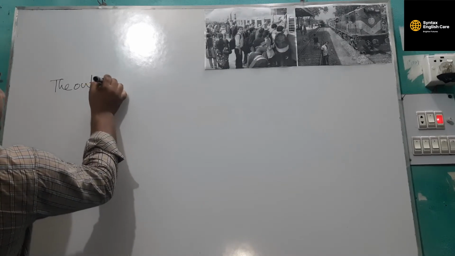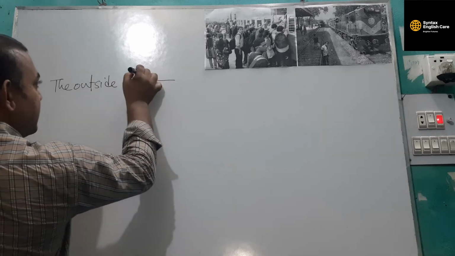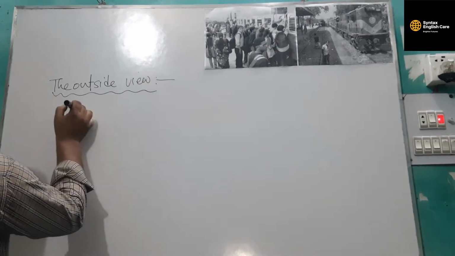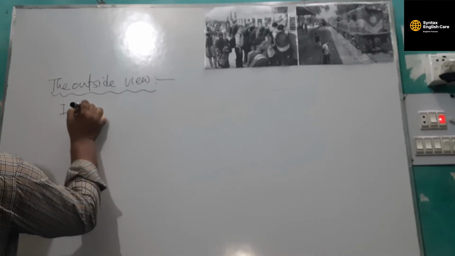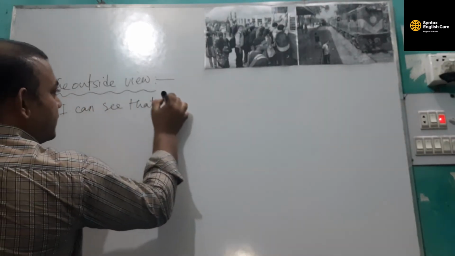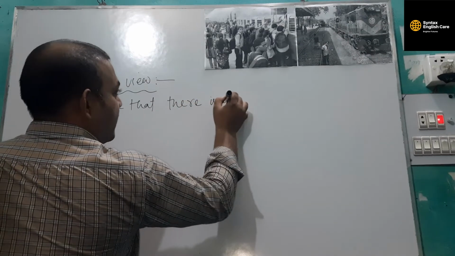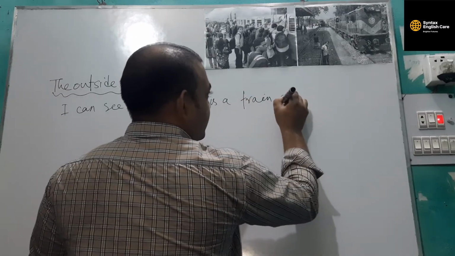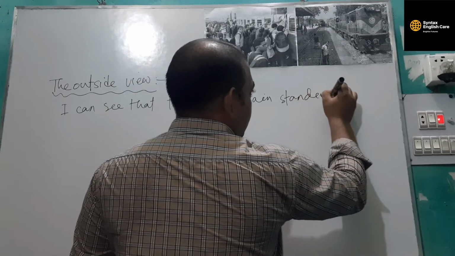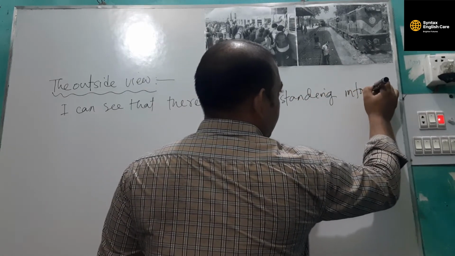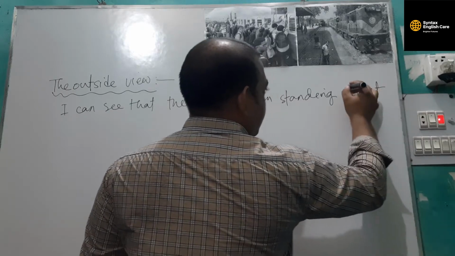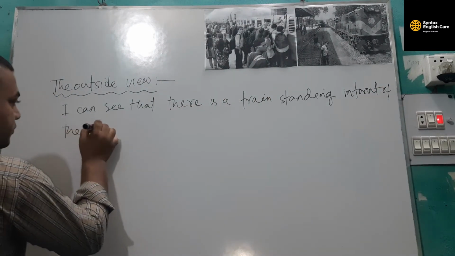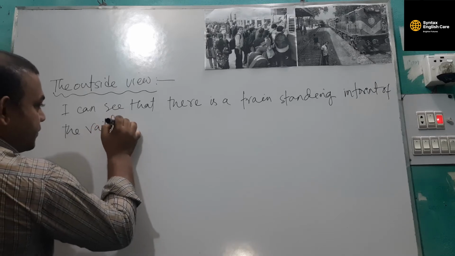The outside view. I can see that there is a train standing in front of the train station.